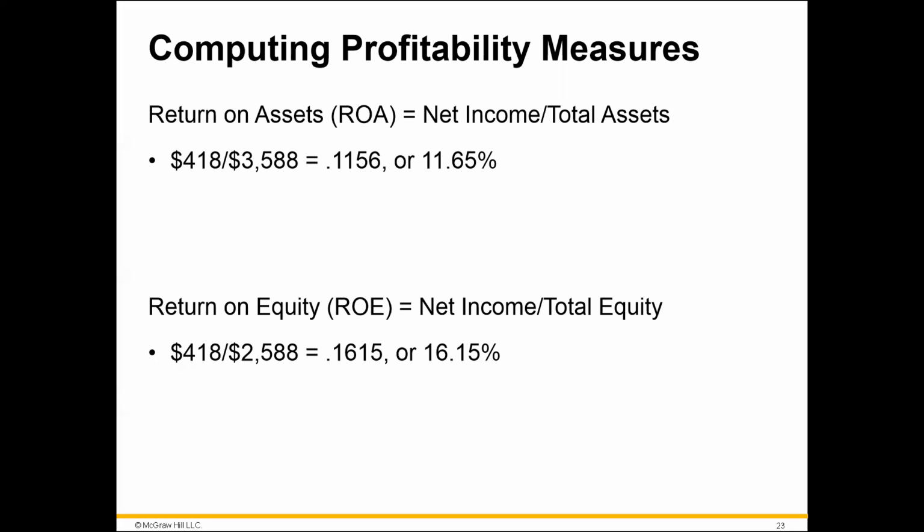It is actually the true bottom line measure of the performance of the company. So for the preferred corporation, it generates about 16% in profit for every dollar in equity, right? So that is the meaning of the ROE.